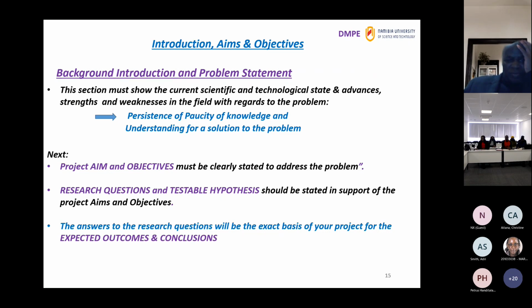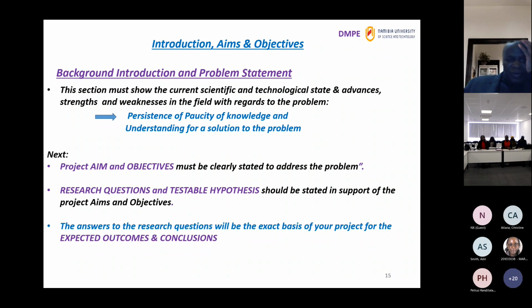So you have to specify aim as aim and objectives as objectives. And it might not be very clear to some students what aims and objectives are in terms of their differences. So I'll try to address that.